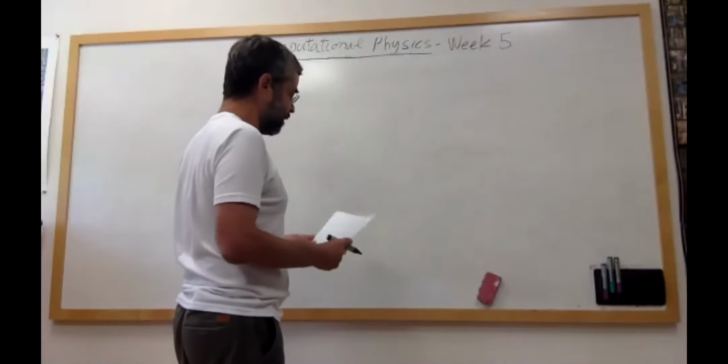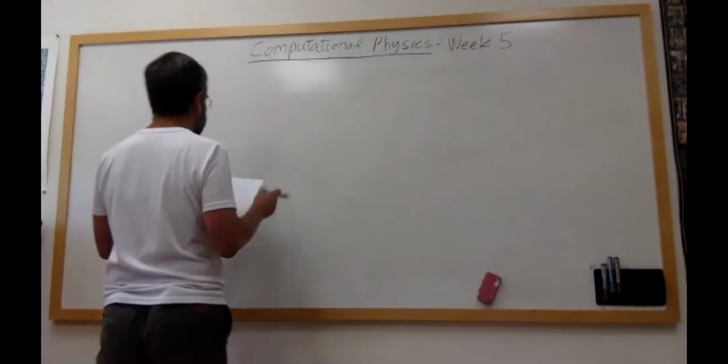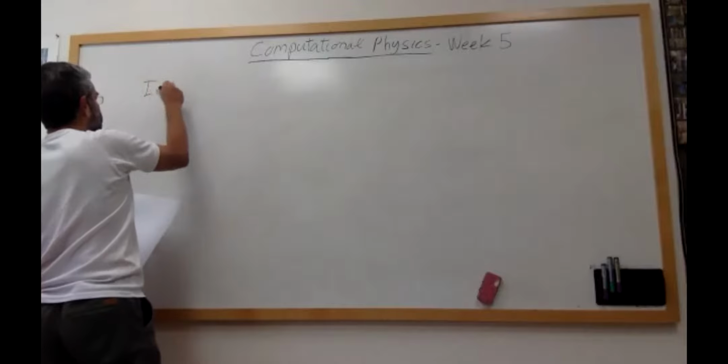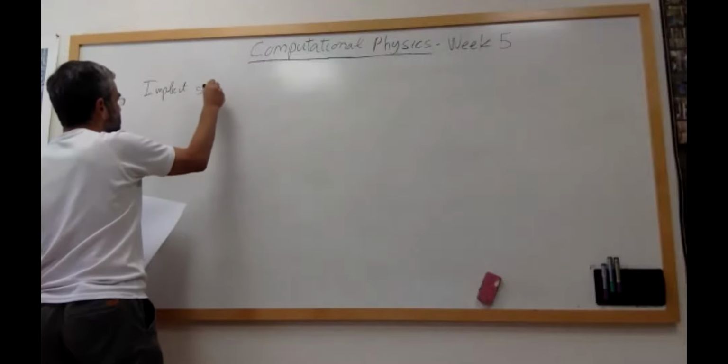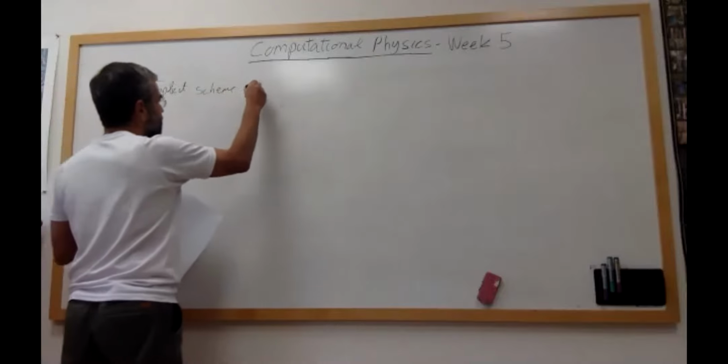So one last word on this implicit scheme is that we described it in the Euler scheme, but we can also have it in an implicit scheme of second order.